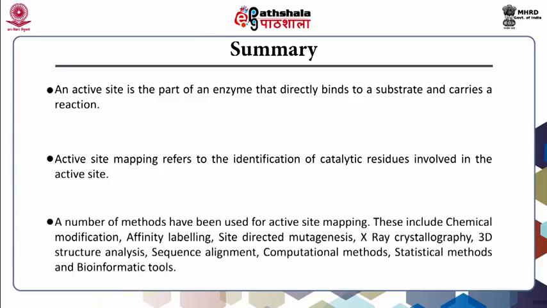A number of methods have been used for active site mapping. These include chemical modification, affinity labeling, site-directed mutagenesis, X-ray crystallography, 3D structure analysis, sequence alignment, computational methods, statistical methods, and bioinformatic tools.